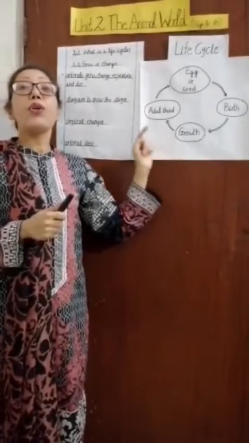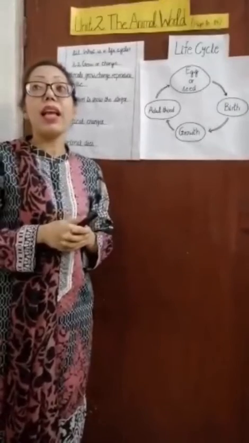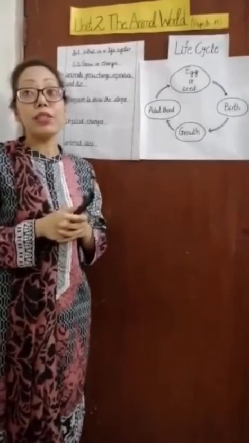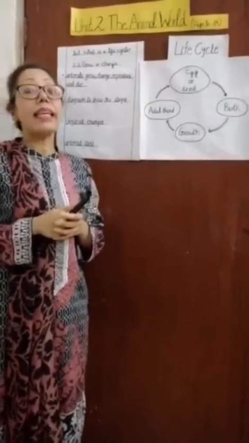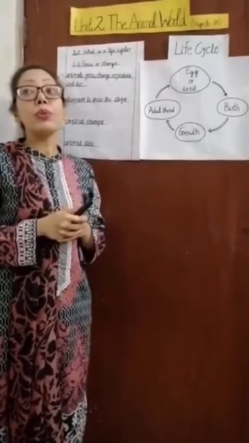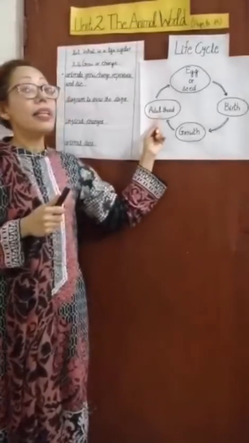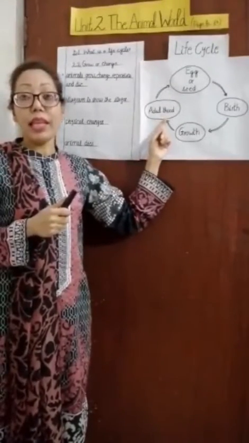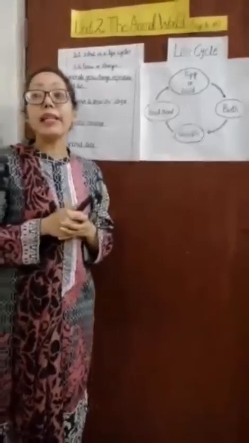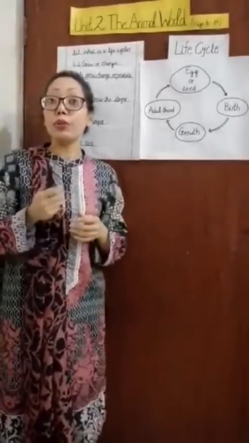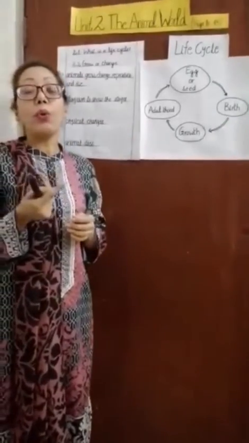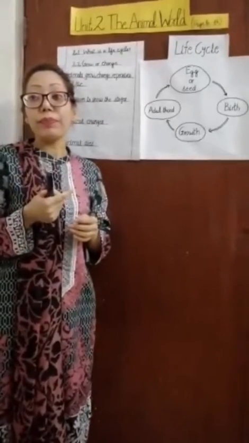reproducing. During its life cycle, an organism goes through physical changes that allow it to reach adulthood and produce new organisms. Even when an animal dies, nutrients from its body go into the soil.